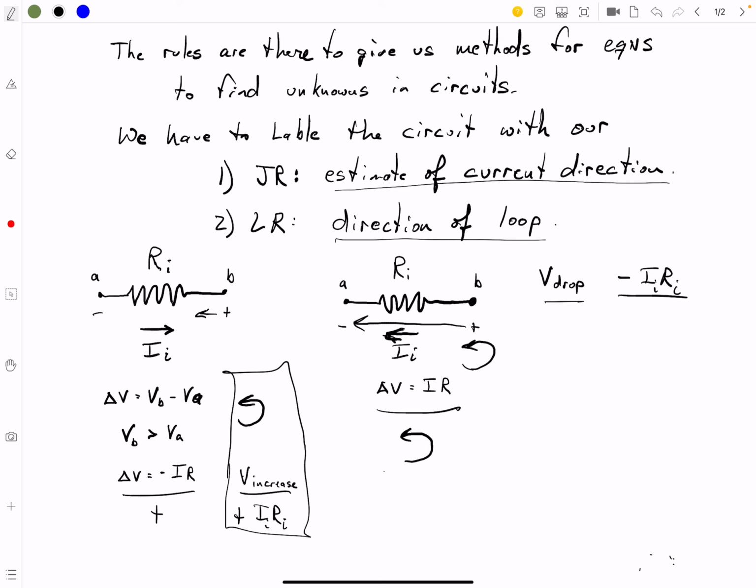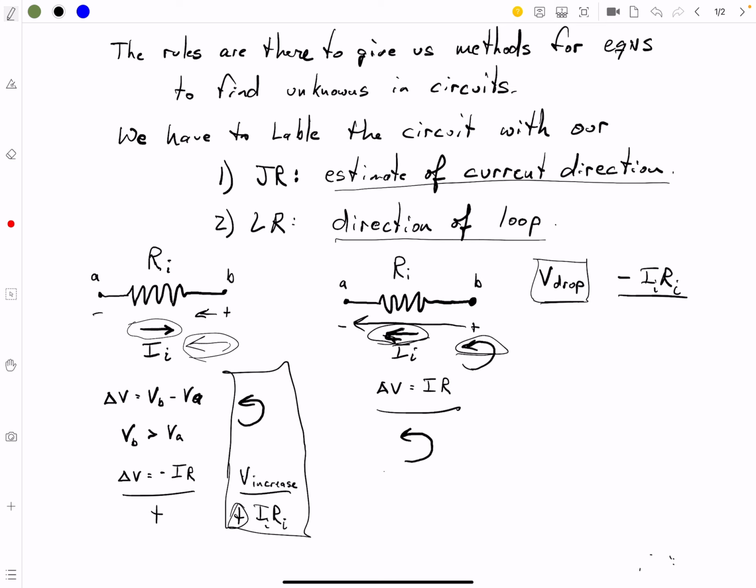So when the loop is going against the flow, which it is in this situation, our loop and current flow are opposite to each other, we get a positive. Here's our current flow right here. Here's our loop. They're in the same direction. We've got a voltage drop across IR.